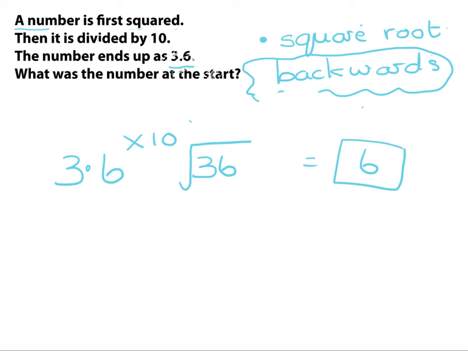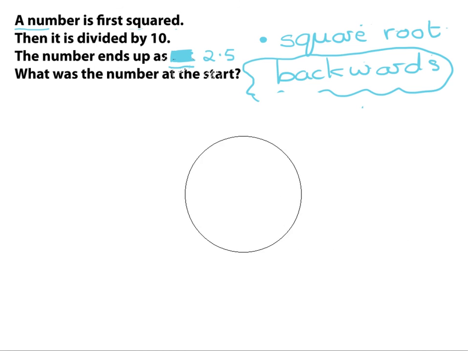Let's try something a little different. Supposing a number is first squared, then it's divided by 10, and the number ends up as 2.5. What was the number at the start? Let's try it. I hope you can see now it's 5.